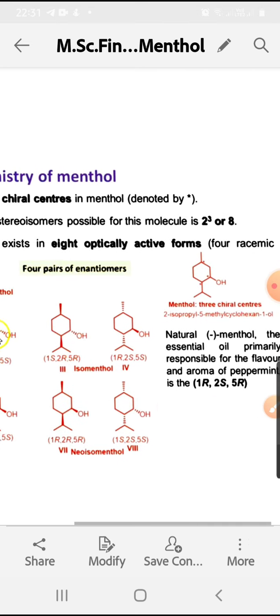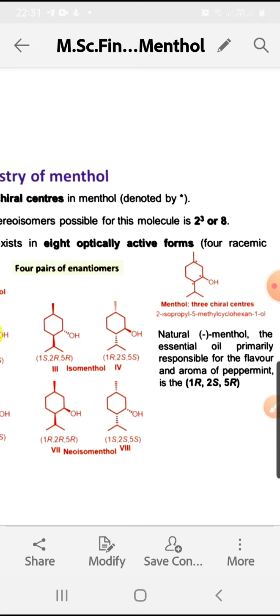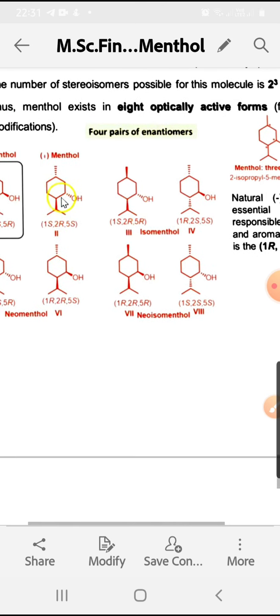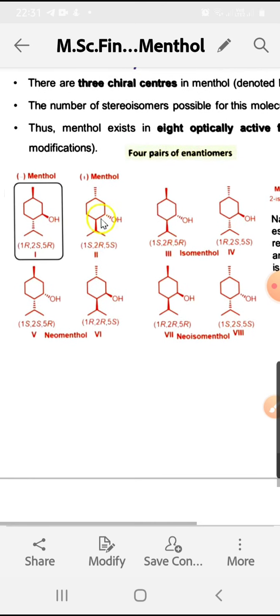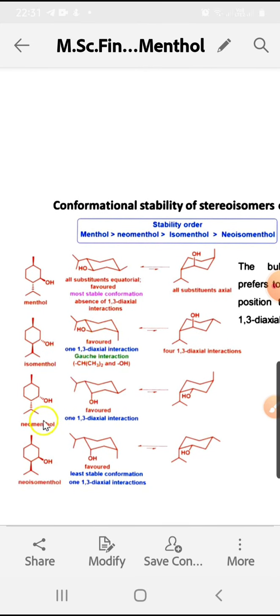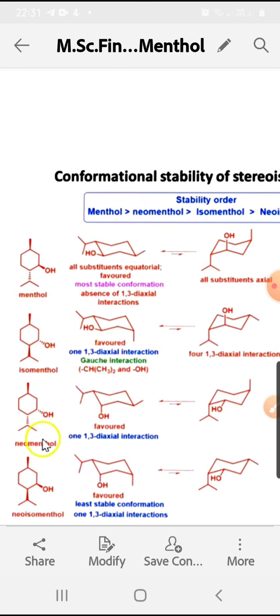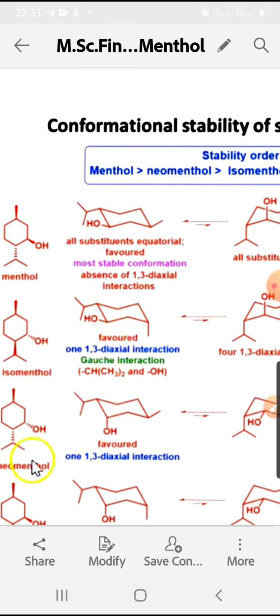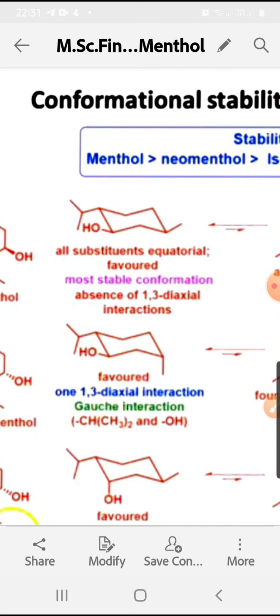The naturally occurring menthol has the configuration 1R, 2S and 5R. Since menthol is a 6-membered ring, we can draw its chair conformations as shown here. While drawing the chair conformations, the bulkier isopropyl group will prefer to occupy the equatorial position.